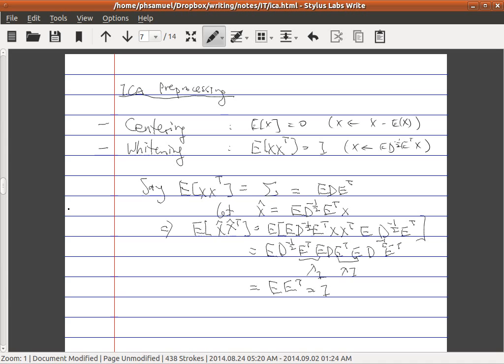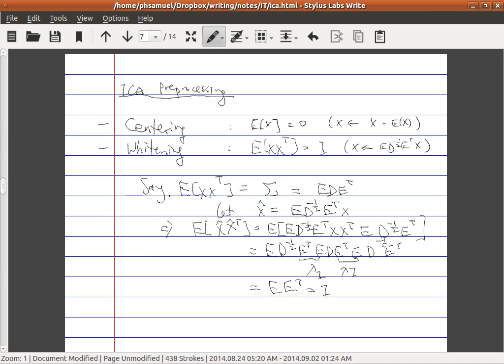We can do that by simply replacing x by ED^(-1/2)E transpose x, where this EDE transpose is just an eigenvalue decomposition of the expectation of xx transpose, or the covariance matrix.